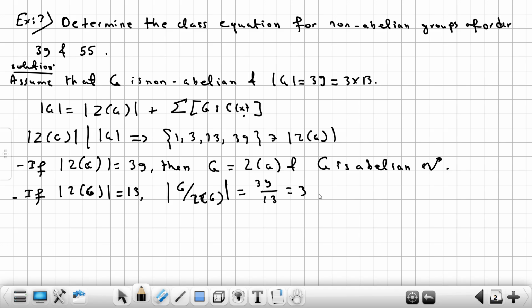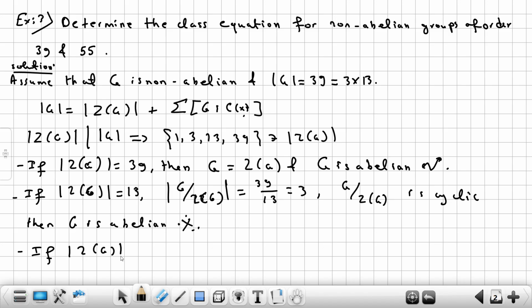Then G/Z(G) is cyclic. When G/Z(G) is cyclic, then G is abelian, a contradiction again. Similarly, if the order of Z(G) is equal to 3, we find a contradiction again, and we find that G is abelian.